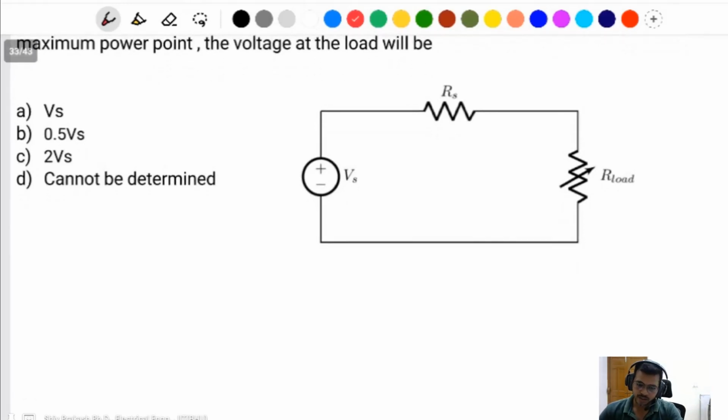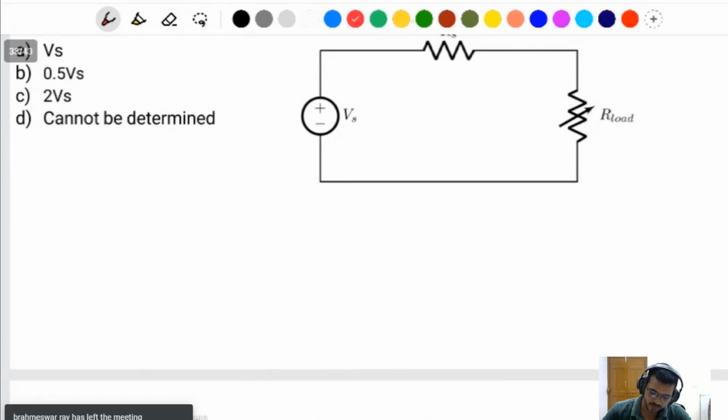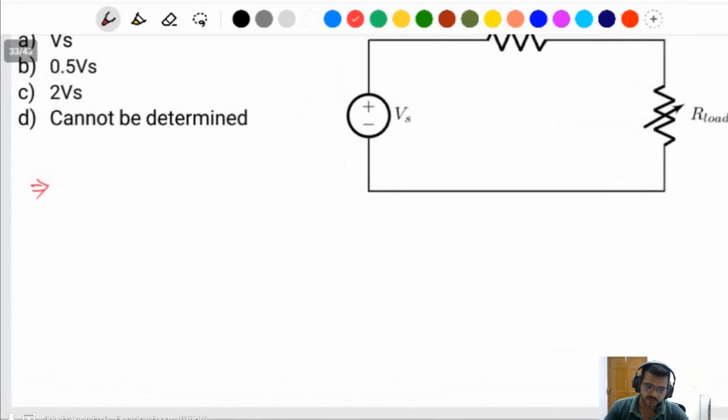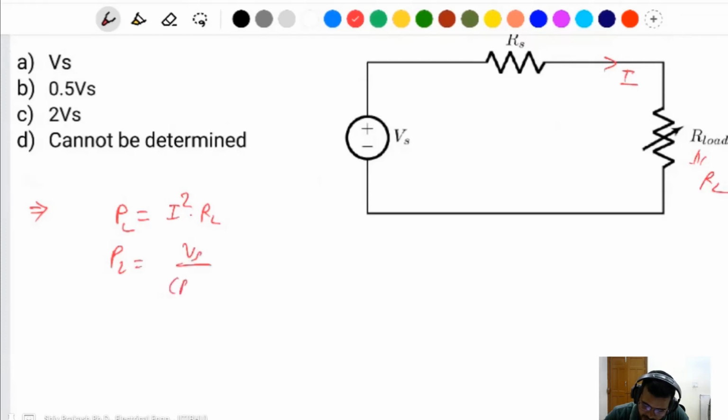Take the current as I. Then the load power is I square into RL, where I is Vs divided by Rs plus RL. So the power is Vs divided by Rs plus RL, whole square, into RL.